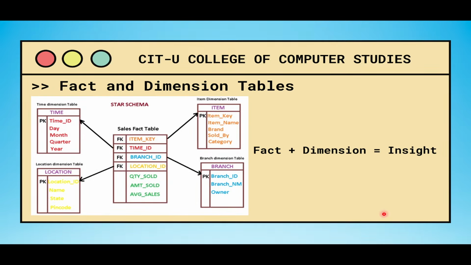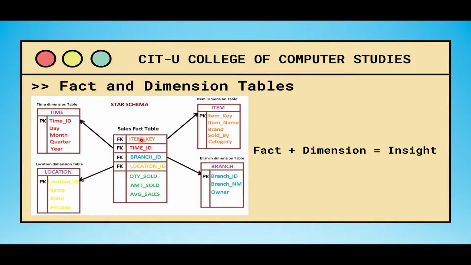So for example here, if we have a star schema, let's say we have a fact table here. We have the item key, the time ID, the branch ID, the location ID, and then we have the quantity sold, amount sold, and average sale. So these here are quantitative data, diba?